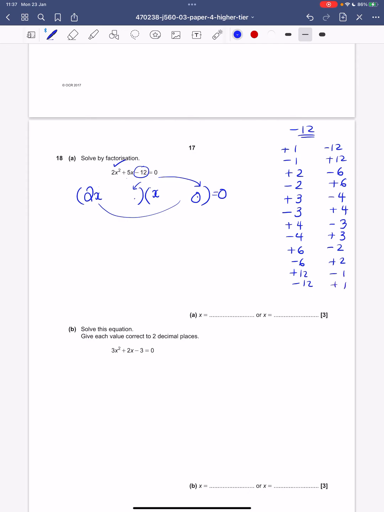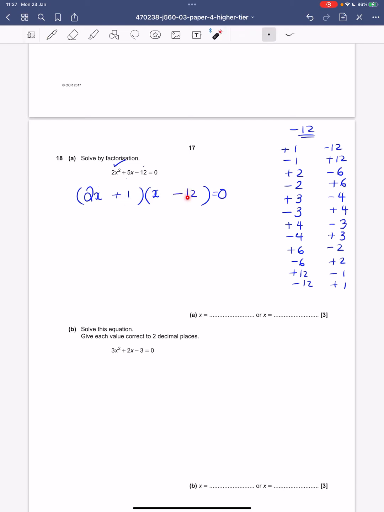Okay, so I've just got to systematically, at this stage, think about what goes in there. If minus 12 is in there, so if we've got minus 12, we get plus 1 and minus 12 in there.